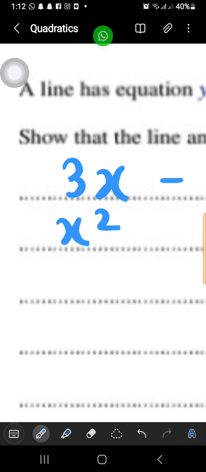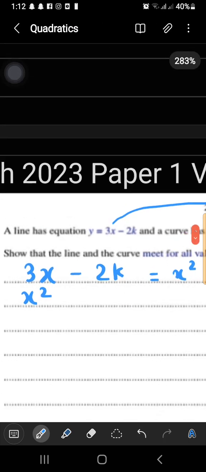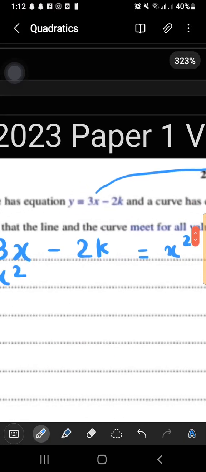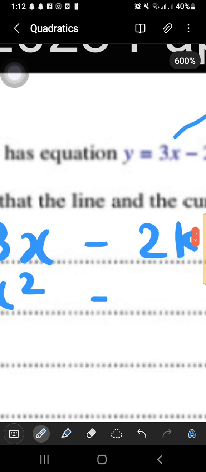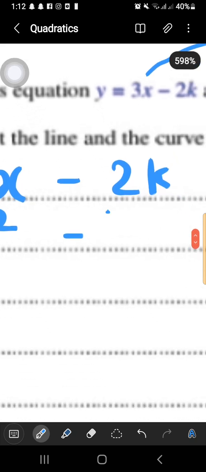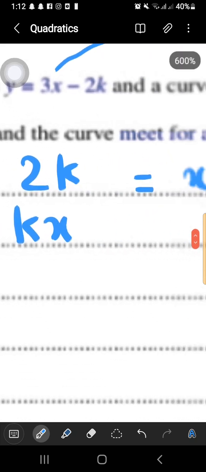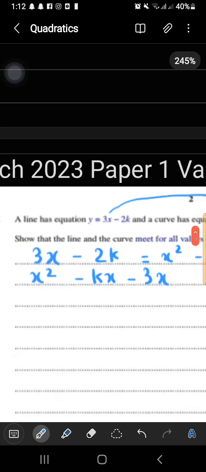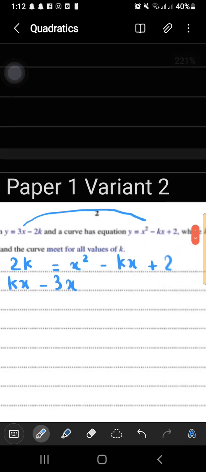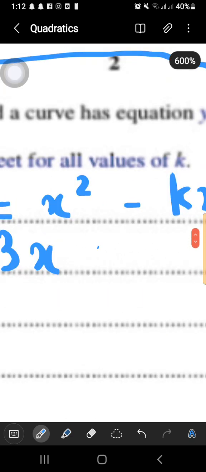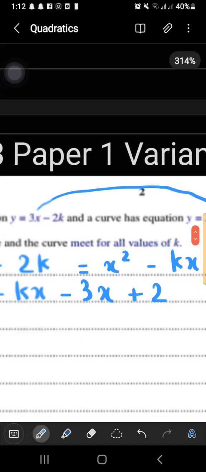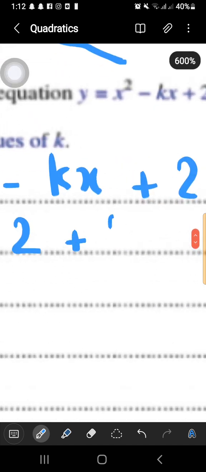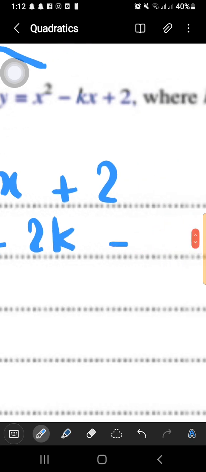X square minus kx and minus 3x. We took this 3x to the right hand side, and then plus 2 and plus 2k. The sign of negative 2k got changed after going towards the right. Plus 2k is equal to 0.